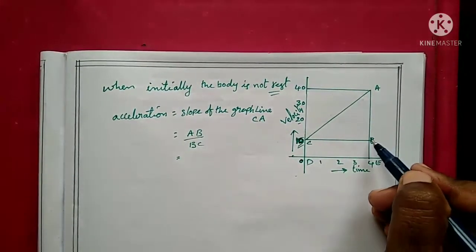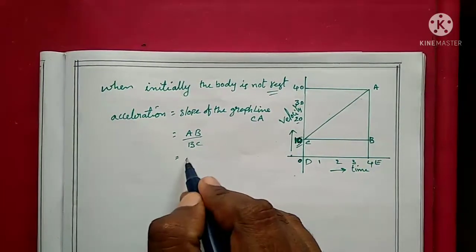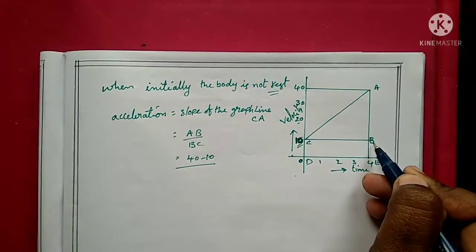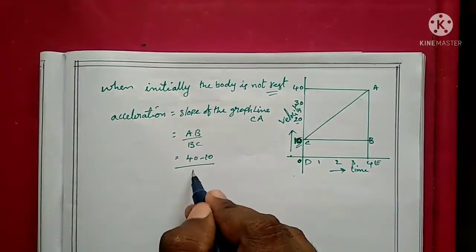Now AB is equal to how much? Initially 10 is equal to B. So that means 40 minus 10 by BC, 4 minus 0.